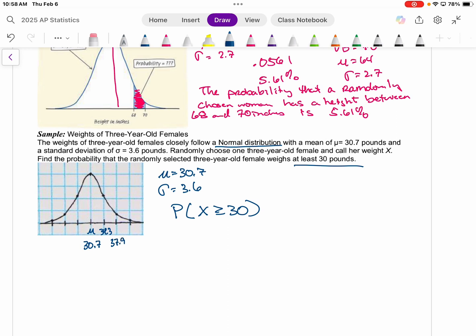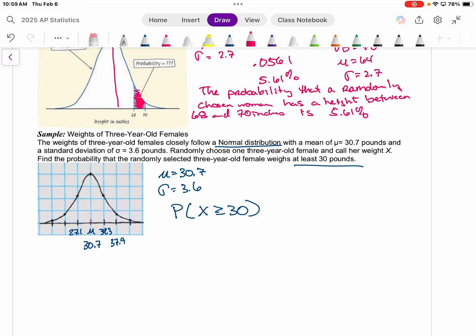On the other side, I would subtract. So if I subtract 3.6 from 30.7, I get 27.1. I think I did that right in my head. Okay, now here's our challenge as we look at shading.